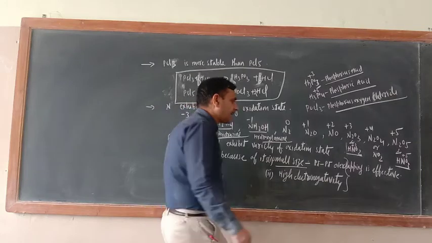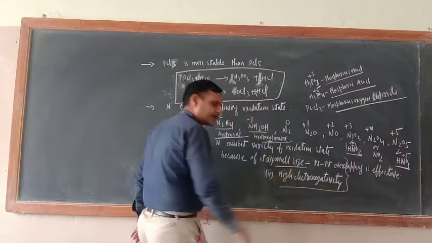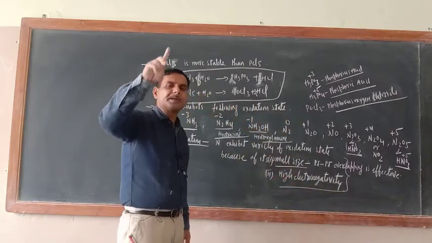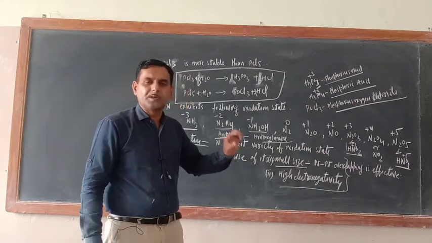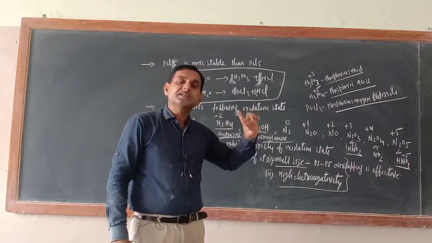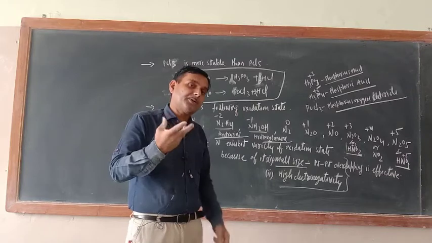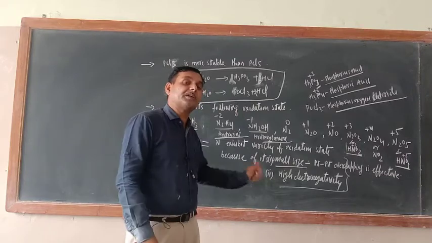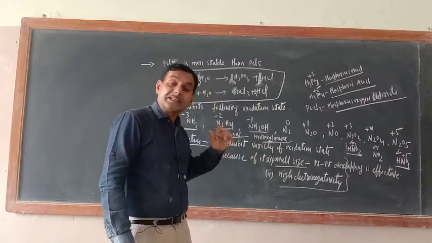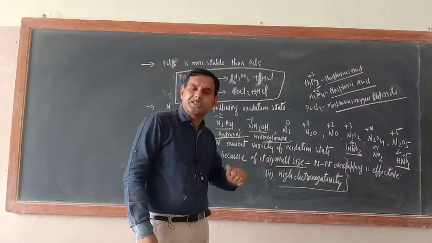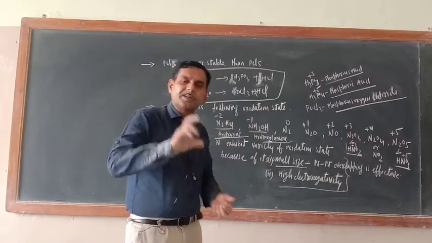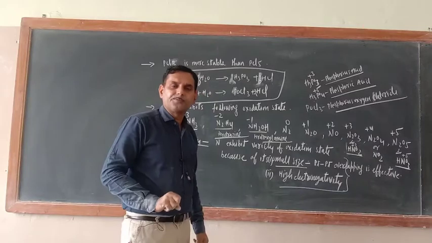Second one is the high electronegativity. Just try to understand. Nitrogen being the first member of the 15th group, its electronegativity is very high. And now try to understand how electronegativity will help in exhibiting a wide variety of oxidation states. Just listen. What is the definition of electronegativity?